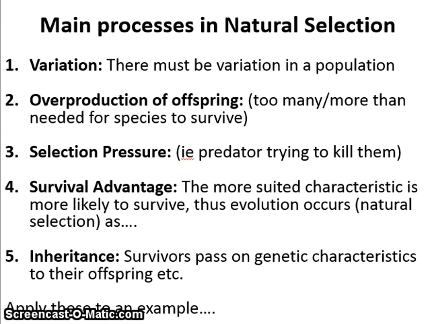Now, if, for example, some of those bacteria, one of those particular different strains, one of those variations, has randomly mutated to become antibiotic resistant, then that will give that particular strain an advantage.